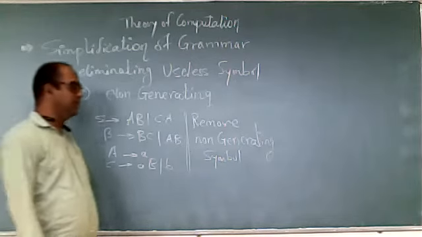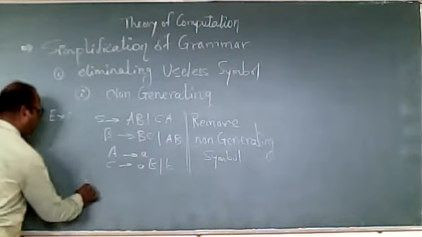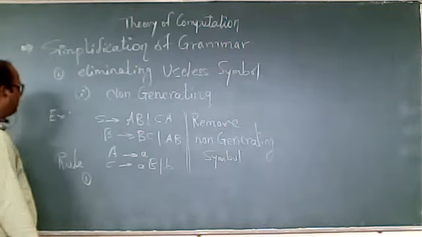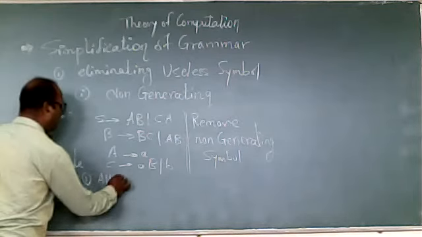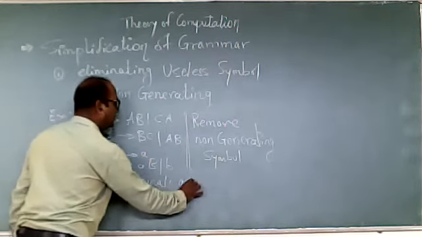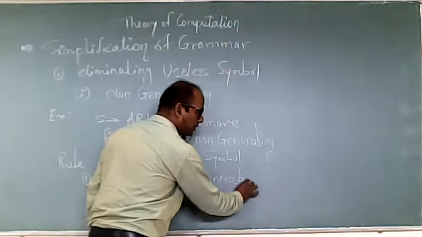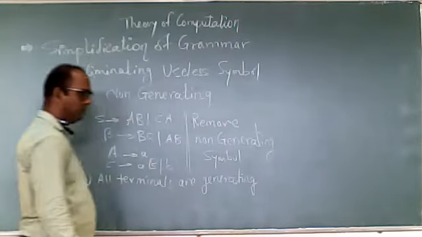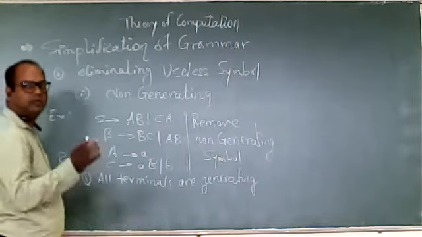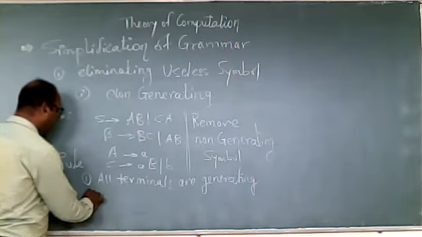First we have to identify what we mean by a non-generating symbol. For finding the generating symbols, the basic two rules are: the first rule is that all terminals are generating. All terminals are generating because we know a string is made up of terminals.